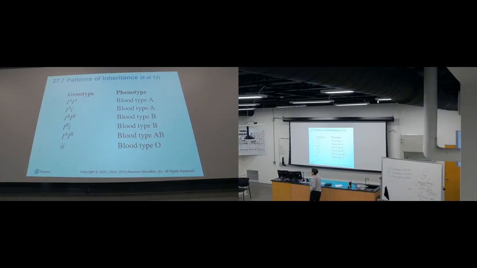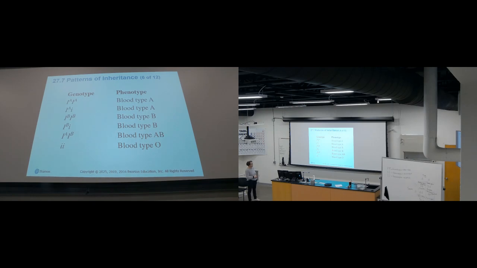So here we have the table showing you what different types of blood we have. In this case, you have blood A for these two, blood type B for these two, and then AB is this, and you don't code for antigens A and B, with this i only.